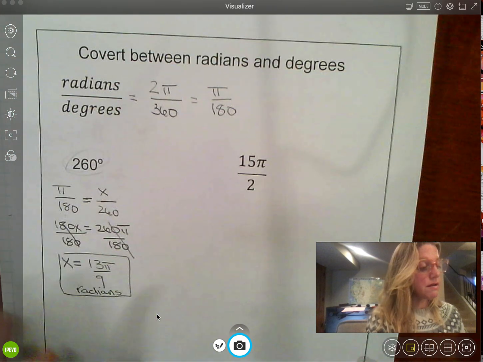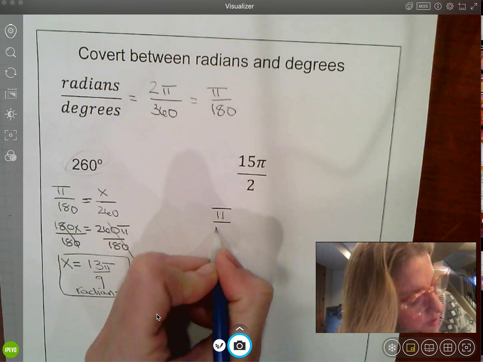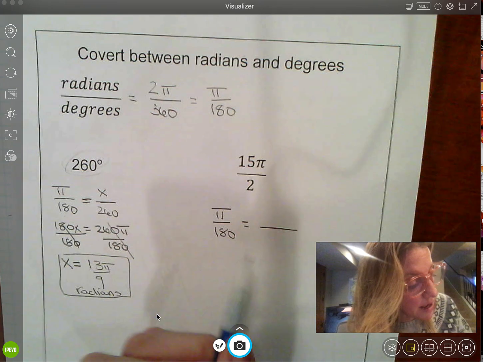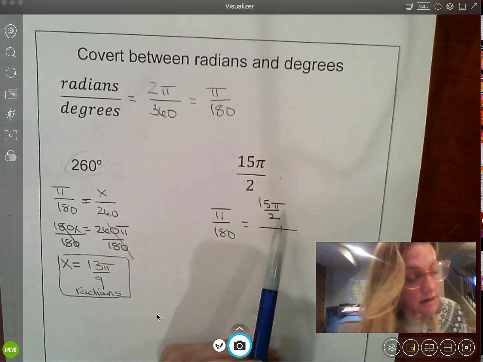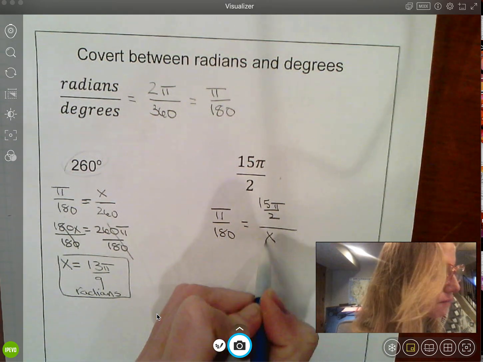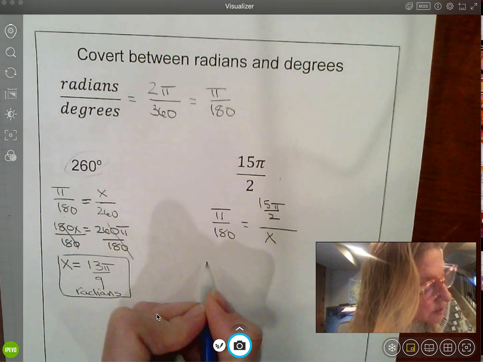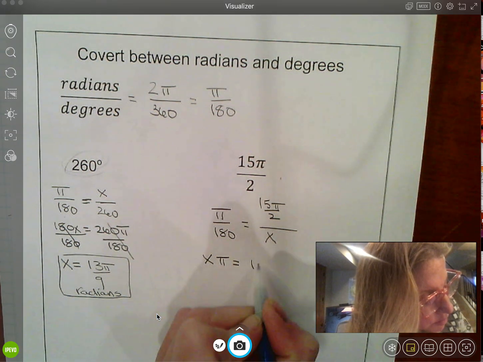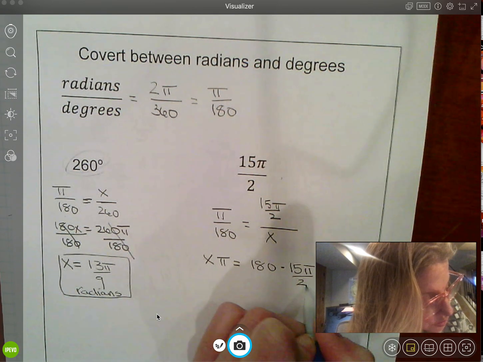Where over here, if you start in radians and move to degrees, you've got your pi over 180. Well, this time, the 15 pi over 2 is going to go in the numerator because that's clearly in radian mode because of the pi. And we want to figure out its equivalent in degree mode. So if we cross multiply this, we get x times pi. Now, this looks a little more confusing, but we can do it. It's 15 pi over 2.